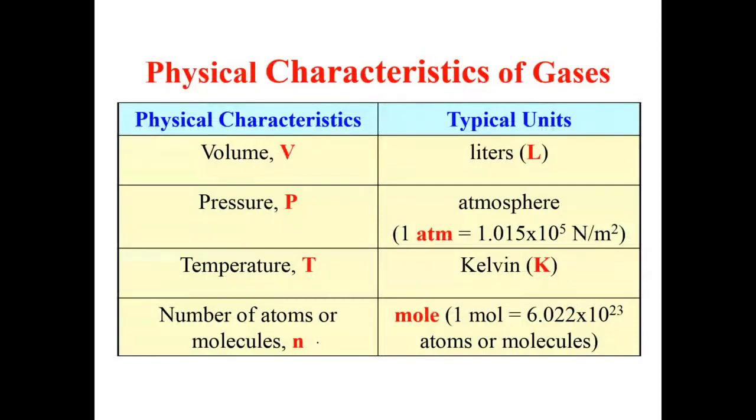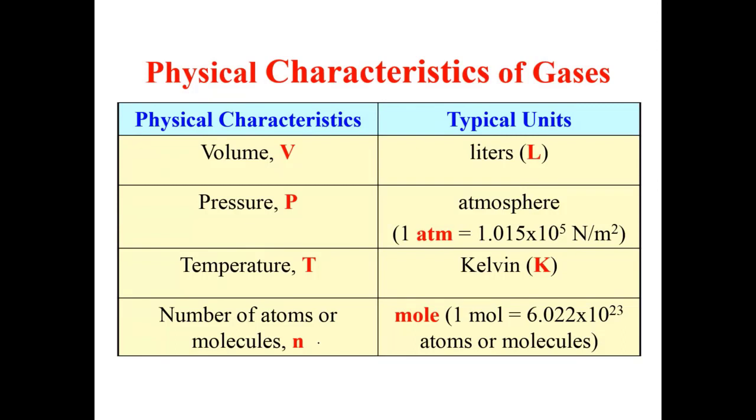Okay. So these are physical characteristics of gases that we're going to be relating in the following gas laws: volume, pressure, temperature, and number of atoms or molecules. And we'll typically use units of liters, pressure in atm, Kelvin, and moles.